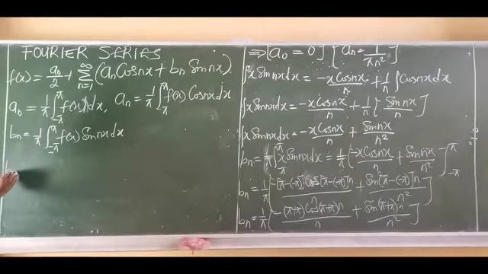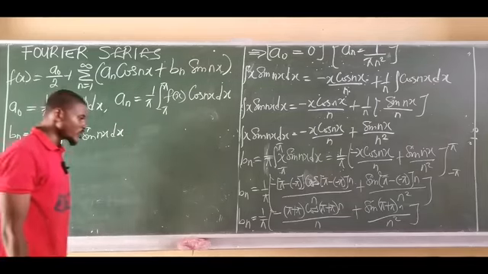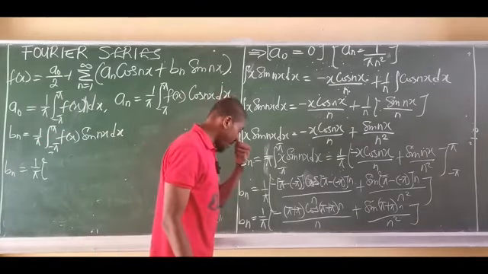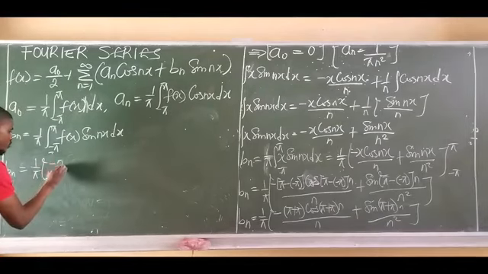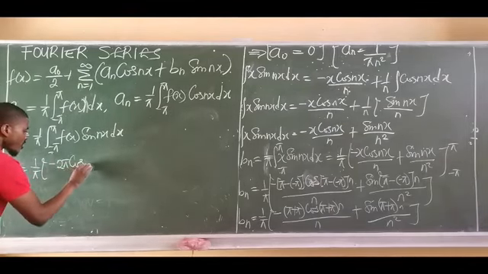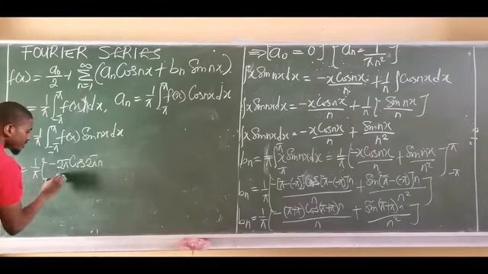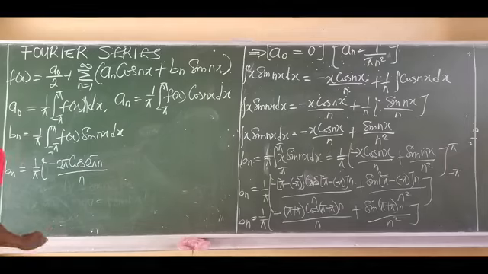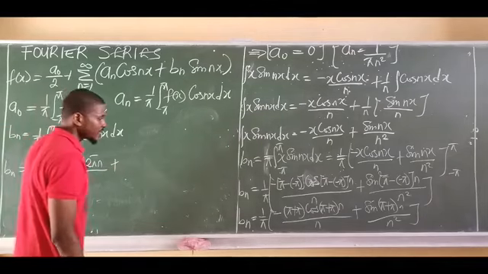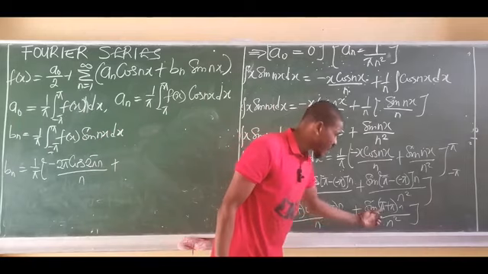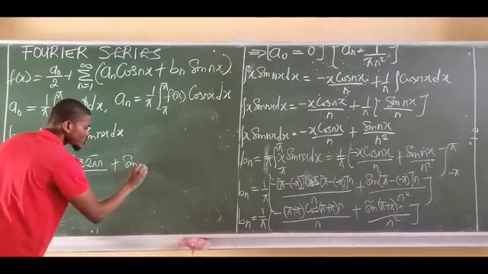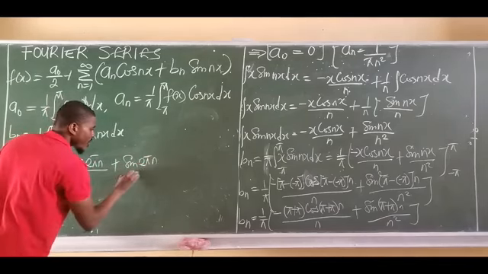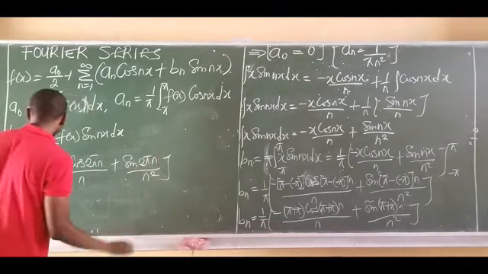So Bn is now equal to 1 all over pi into, mind you, pi plus pi here is 2 pi. There's a negative sign, so it becomes minus 2 pi cos 2 pi n all over n, plus, same thing here, sine 2 pi n all over n squared.